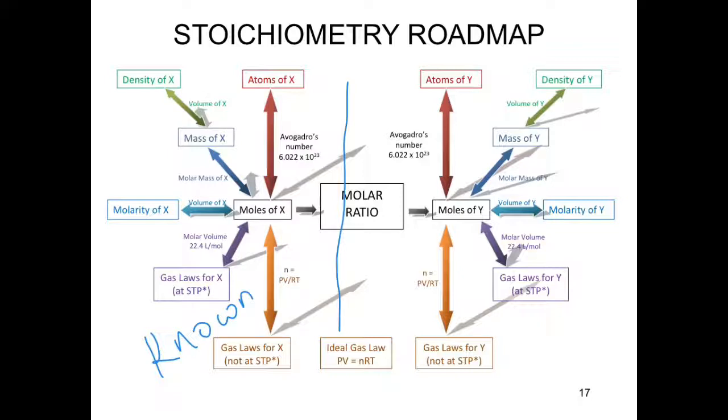We have some value for gas laws or concentration or mass or atoms. On the right-hand side of the road map are the unknowns. And here we can produce atoms, mass, concentration, or gas laws.